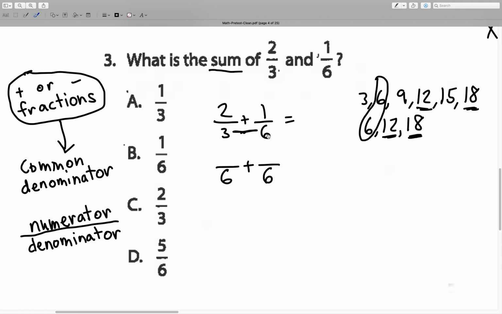Or you can multiply them directly. 6 times 3, 18. They both go in there, right? The third way, if neither of them can go in the other, is just do the multiples of each number, and when you find the smallest number that they both go into, you use that number right there. Okay, but I'm gonna erase this right here.